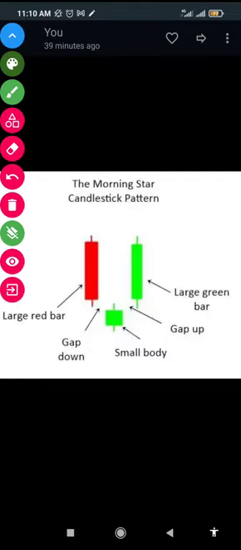This small body can be a doji, or it can still be a small body candlestick. But this is a formation of morning star. When this occurs, know that there will be a reversal in trend. But you cannot trade in isolation. You cannot trade without using other confluences.